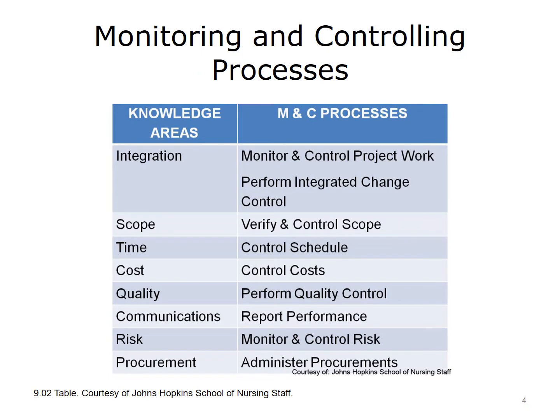This slide relates the monitoring and controlling processes to the different knowledge areas associated with the project management body of knowledge. During the execution of the project, you will direct monitoring and controlling activities in all of these knowledge areas: schedule, communication, risk, and so on.